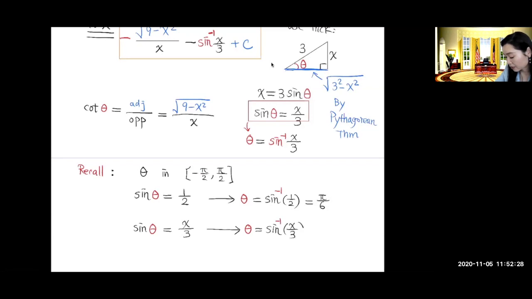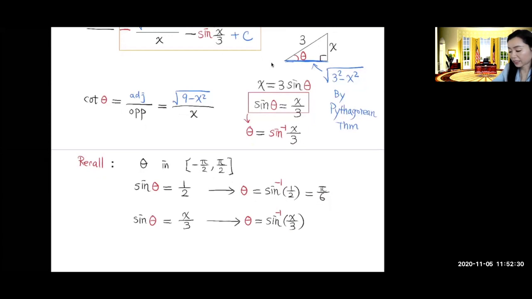Okay, so that's how it works. Just refreshing your memory about the inverse sine. Any question about this?